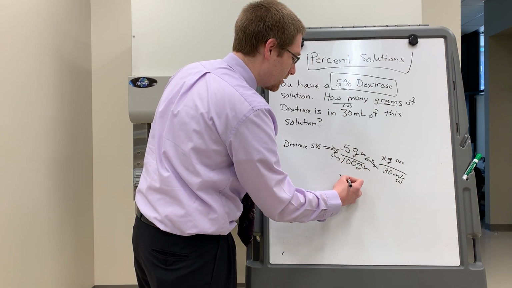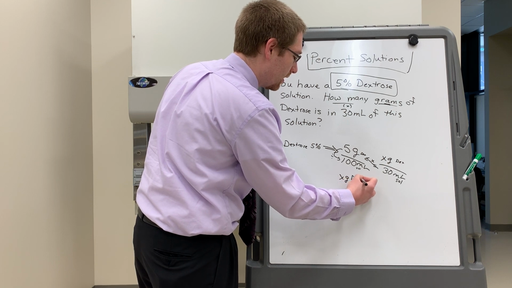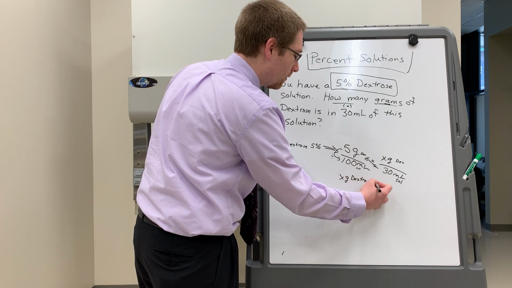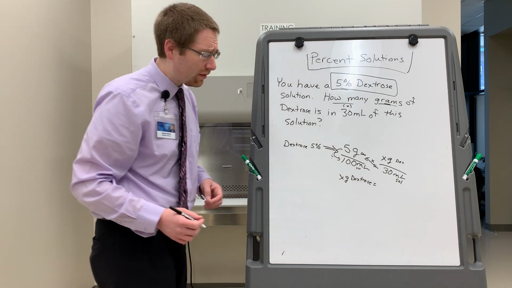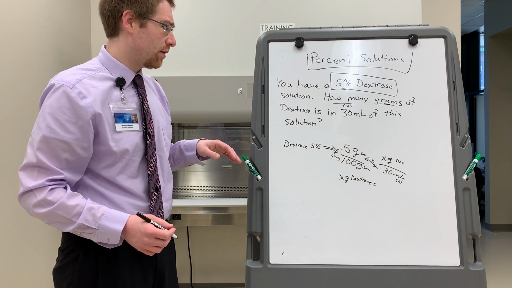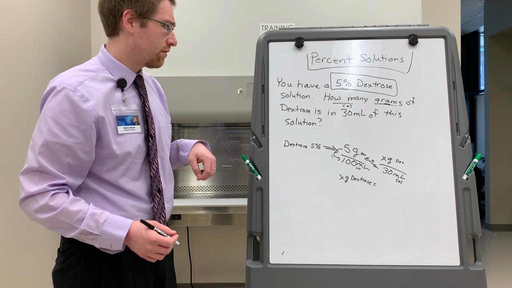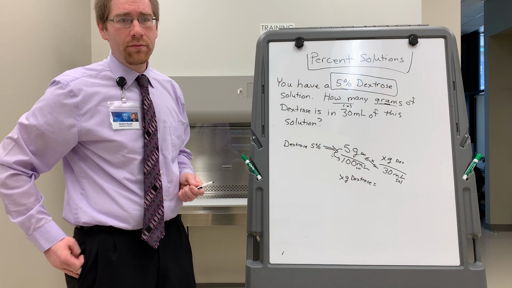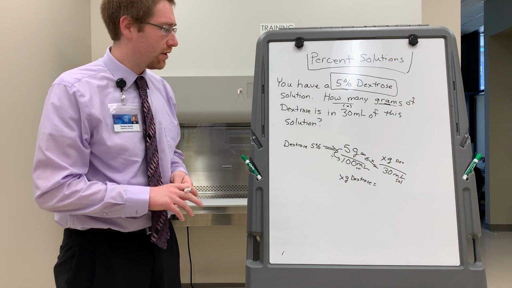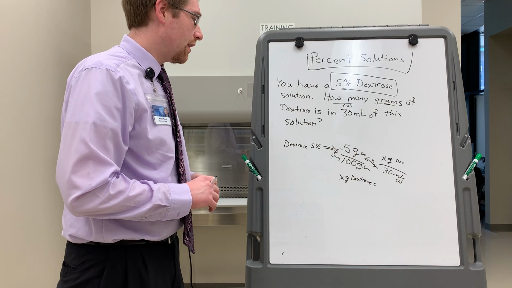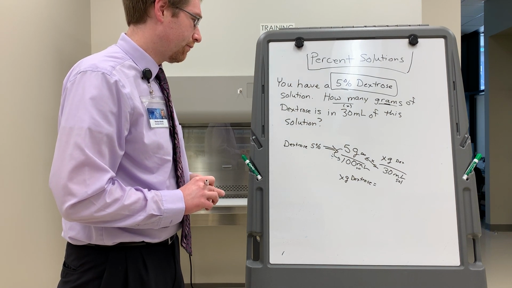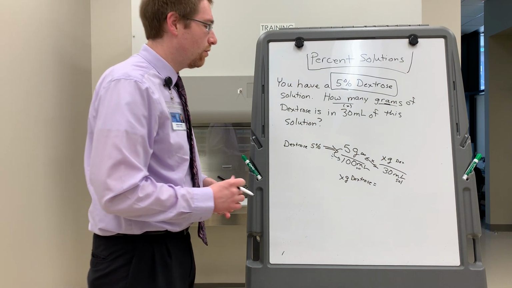So the answer to this problem, when you state X grams of dextrose, let's think this through. Actually, I'm going to grab a calculator because I want to make sure I do this correctly. The answer to this problem is going to be 2 grams.